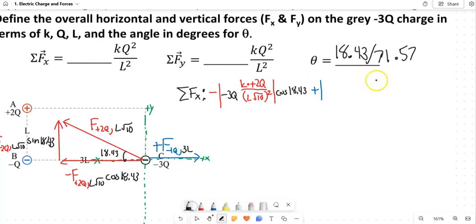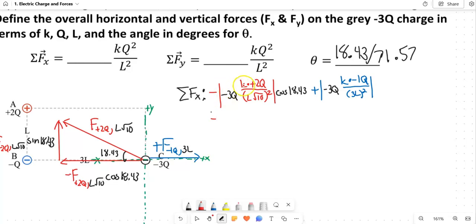We're still doing a force diagram on our negative 3q charge, but the negative 1q charge electric field is pushing it to the left at a distance 3L away. Okay. Now multiplying this all out, I'm going to copy this negative down here.